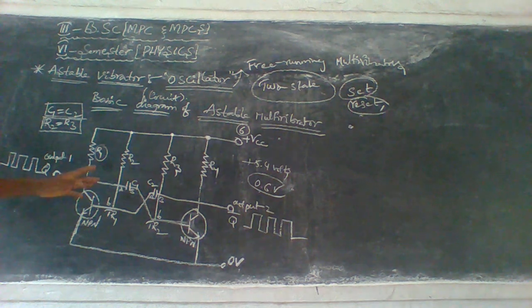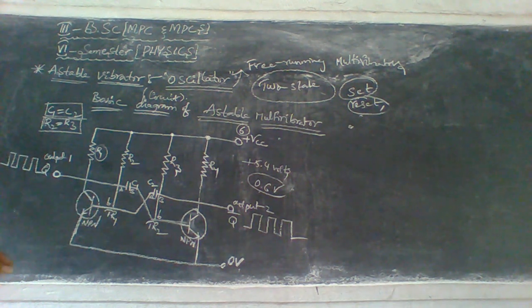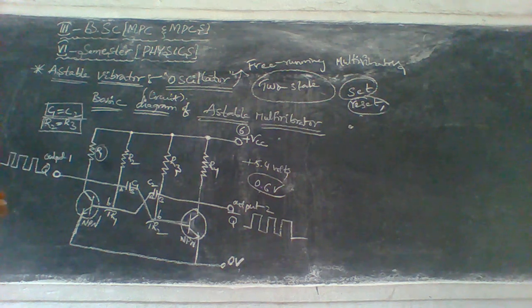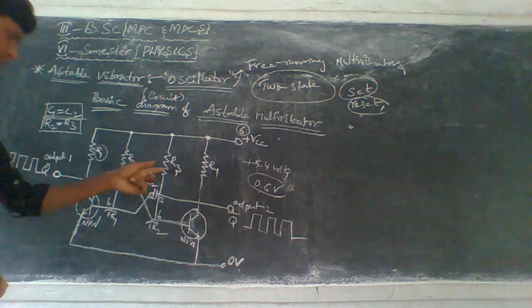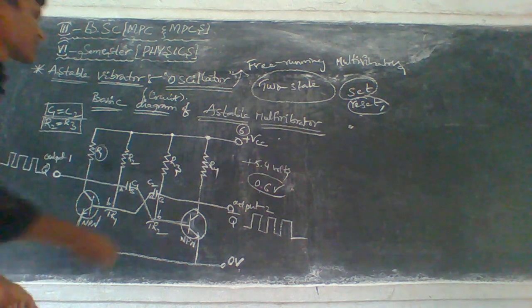Okay, so here the transistor TR2 is driven into cutoff, so capacitor C1 now begins to charge in the opposite direction via resistor R3, which is also connected to the plus 6 volts.